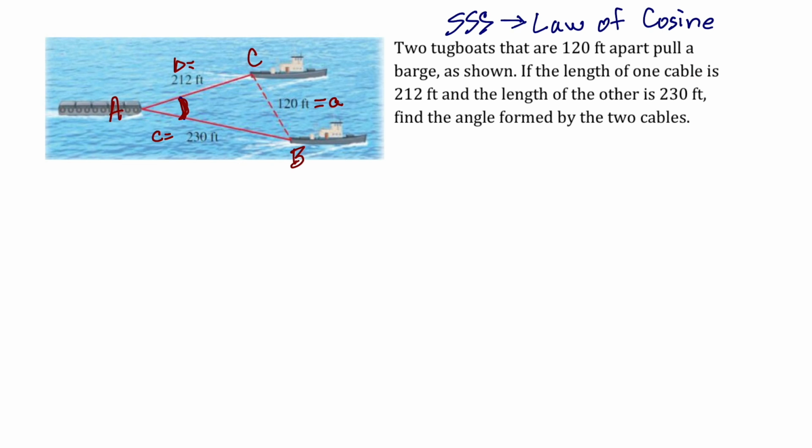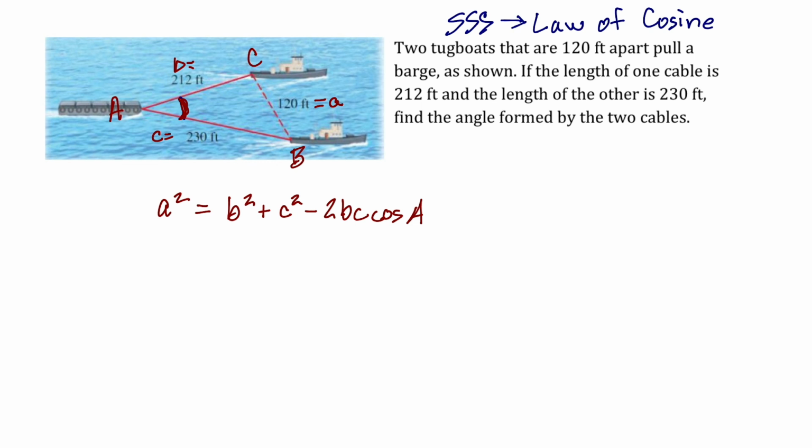So one of the formulas is a squared equals b squared plus c squared minus 2bc times the cosine of A. So this angle right here is always going to match this, capital A, lowercase a. So I usually prefer to solve this for the cosine of A because that's the angle I'm looking for.